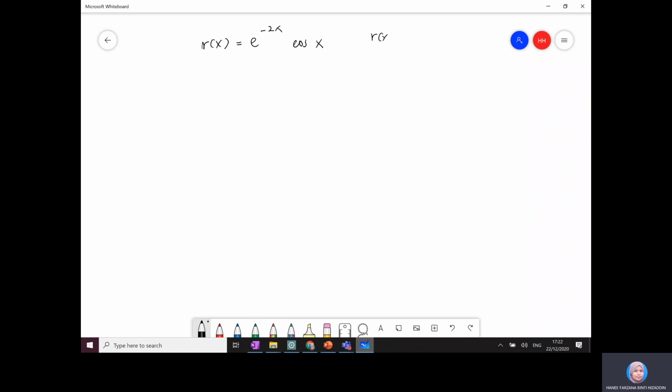Compare this with the standard form of R(x), e^(alpha x) Pn(x). Here your alpha is negative 2. You don't have a polynomial, but your cos x is what you're going to convert into Euler's formula. Recall Euler's formula, e^(ix) equals cos x plus i sin x. So cos x is actually the real part of e^(ix).